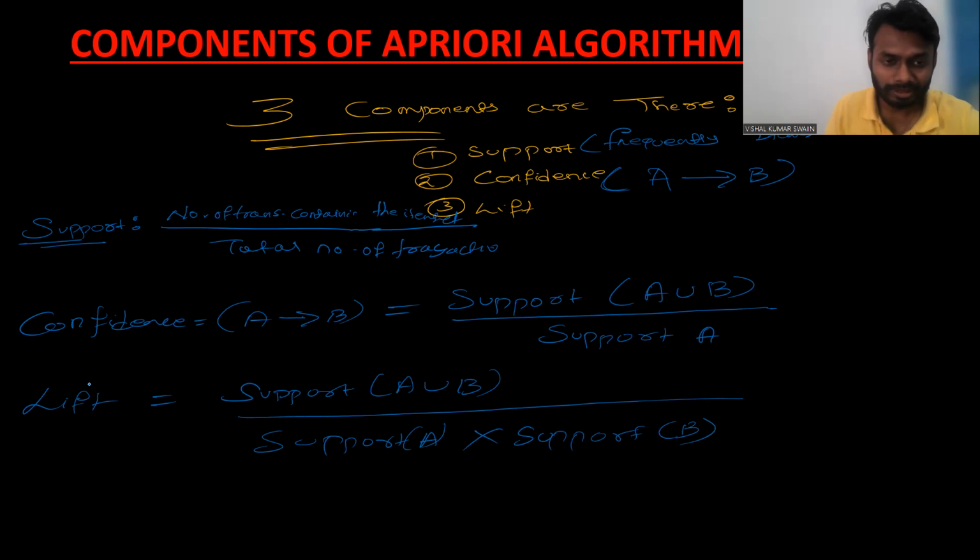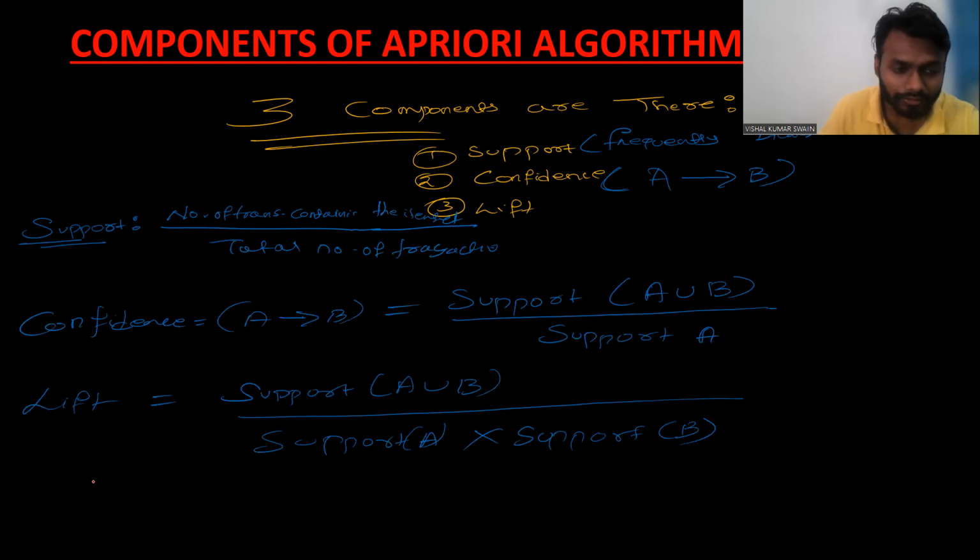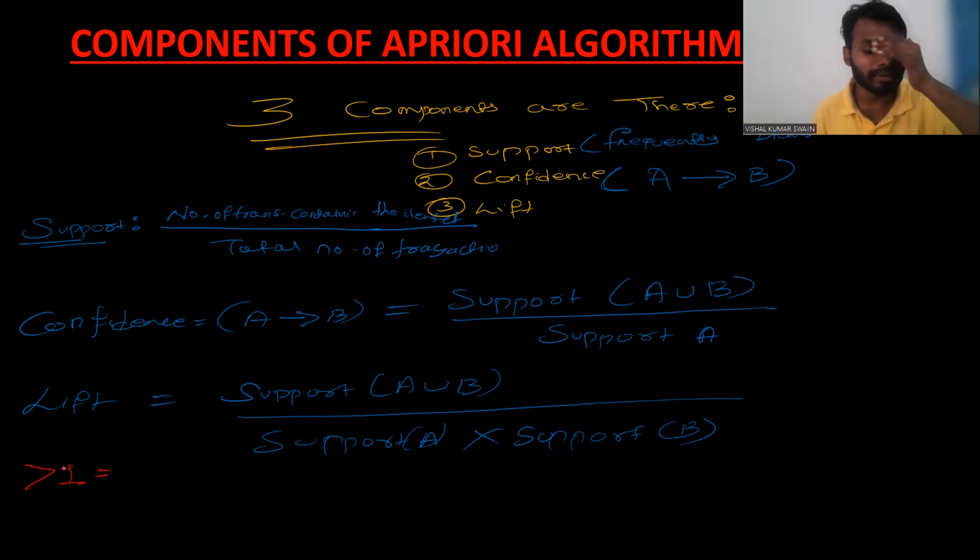One thing you have to remember: if the lift value is greater than 1, it indicates a higher likelihood. Lift shows whether that combination of products is a better combination or not.